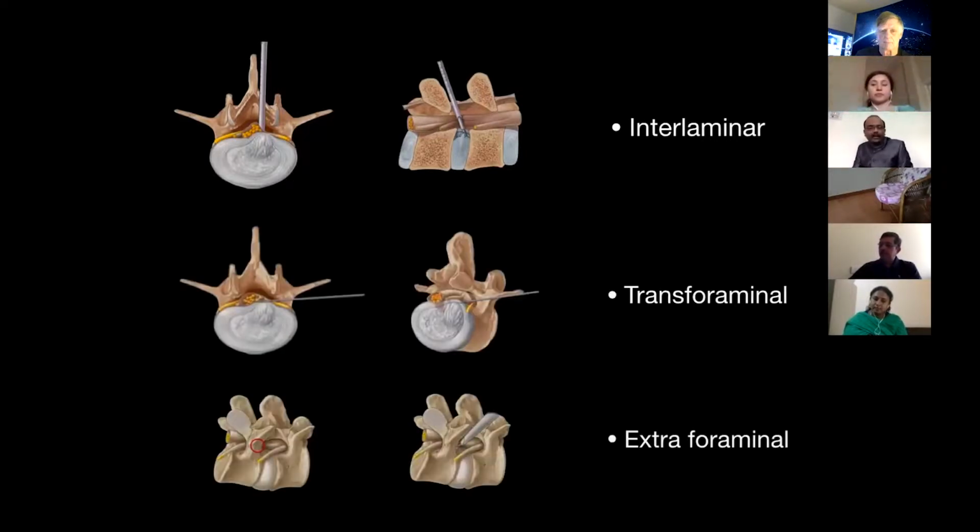But what I'm going to talk about today is a foraminal approach where we do not disturb all these normal structures. We are going to come from a faraway route, from a lateral route, to reach the disc to the foramen, or extraforaminal in case of an extraforaminal disc.